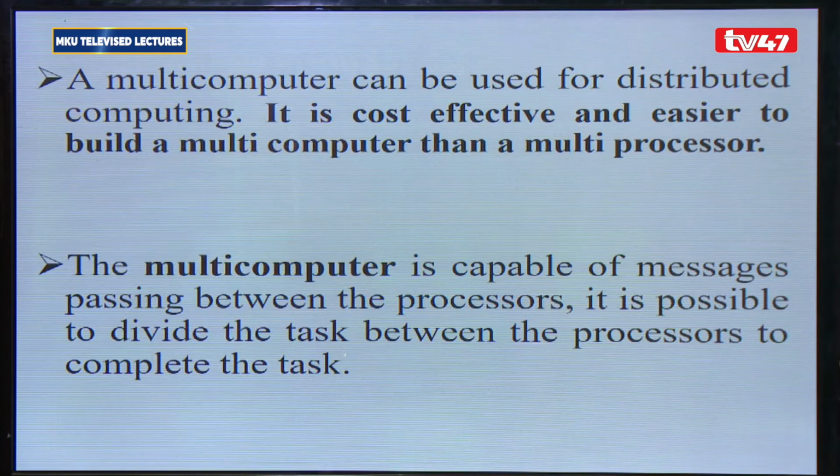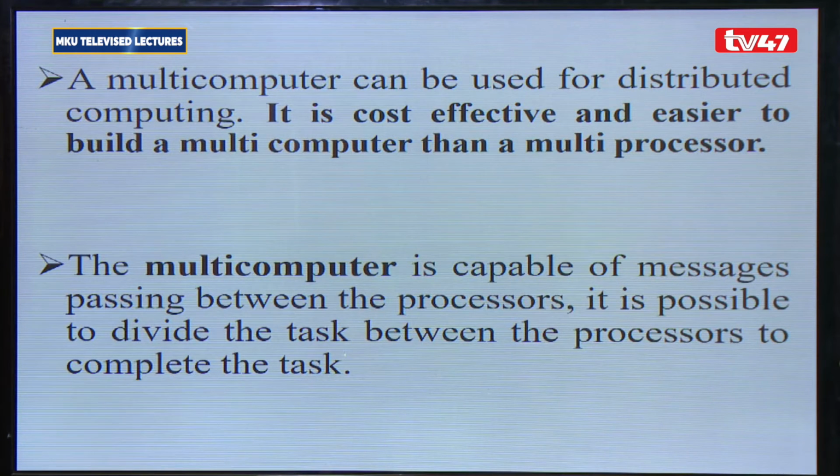So let's proceed. A multicomputer can be used for distributed computing. It is cost effective and easy to build compared to a multiprocessor. Remember, we are just sharing memory and processes.